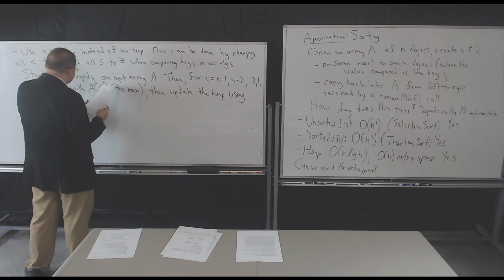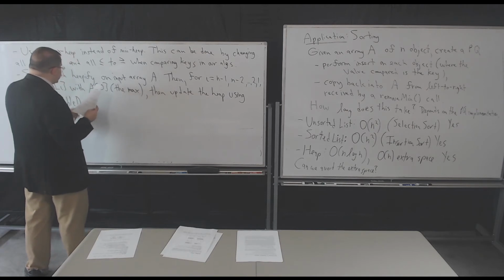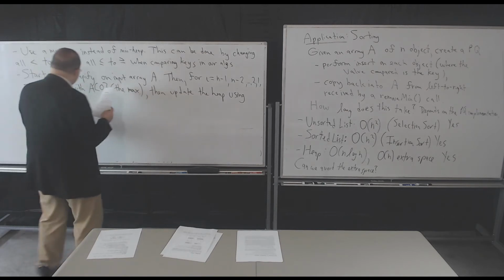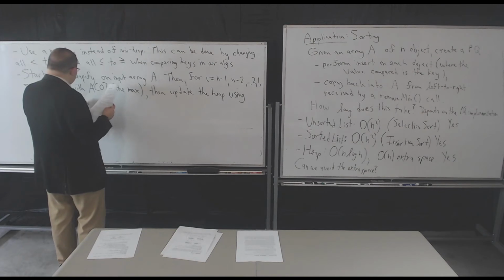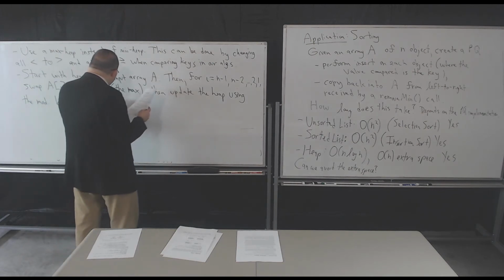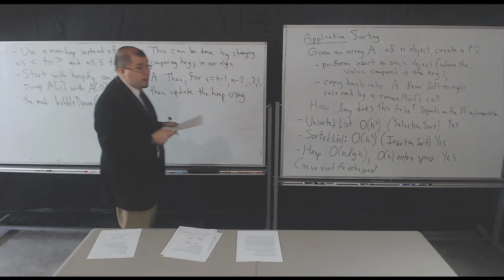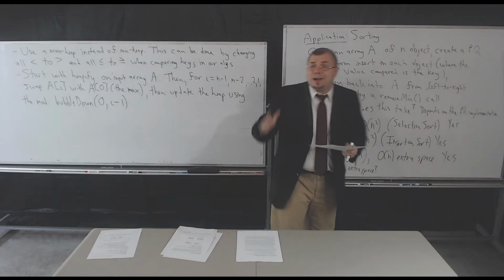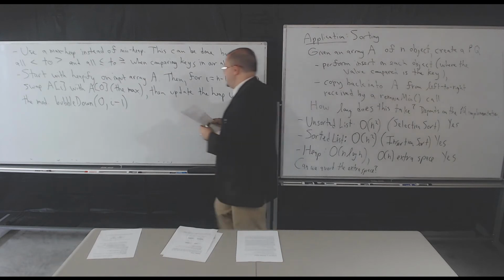You would use bubble down, but remember I had to change it slightly because of this first point: I switched the inequalities around. I'm going to use bubble down on 0, and the end index is going to be i minus 1. Why i minus 1? You're going to see. This is really neat.